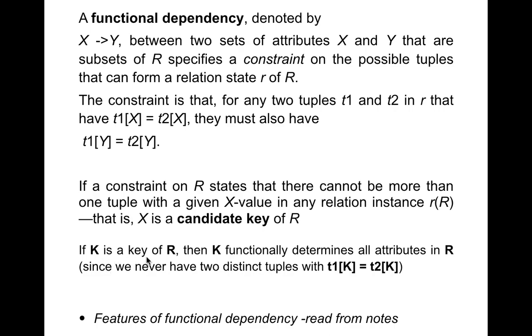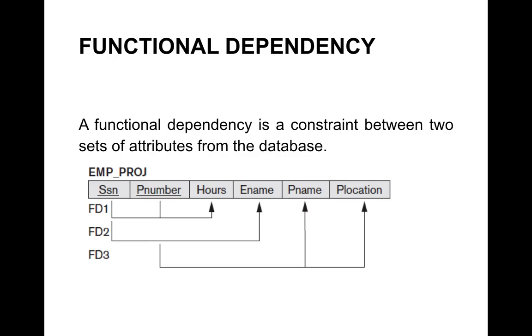And if K is the key of R, then K functionally determines all attributes in R, which means all the attributes in the relation can be obtained from the primary key. Like say SSN and P number give us the number of hours. SSN gives the name of the employee.